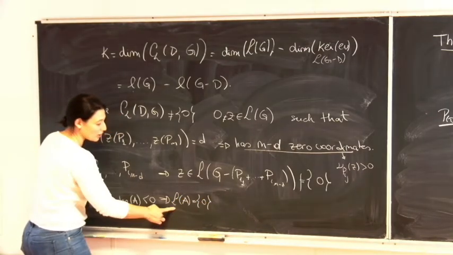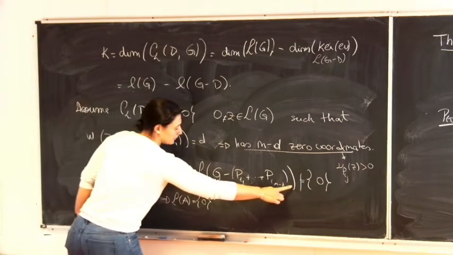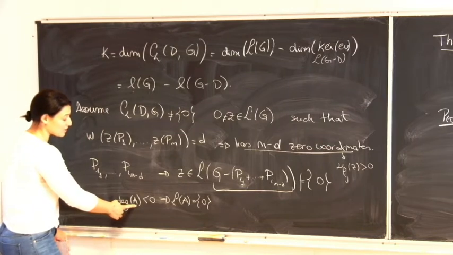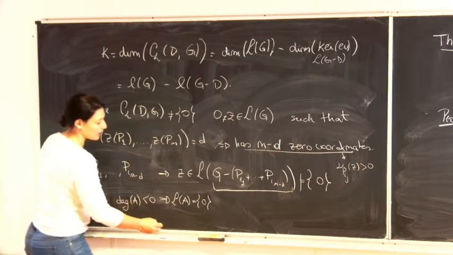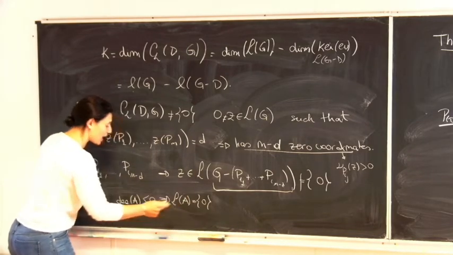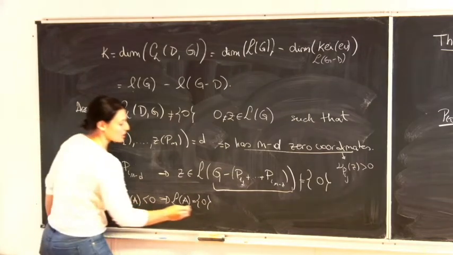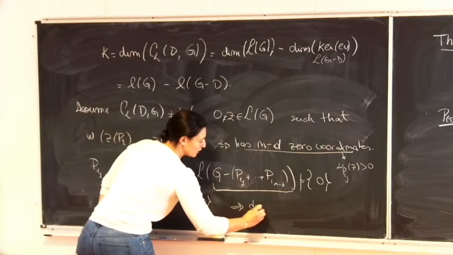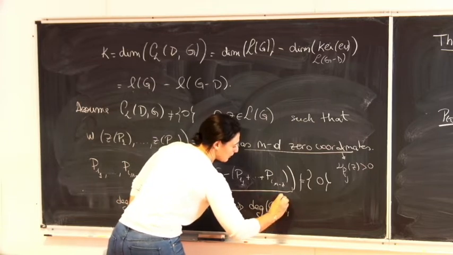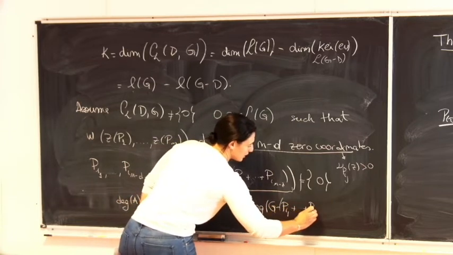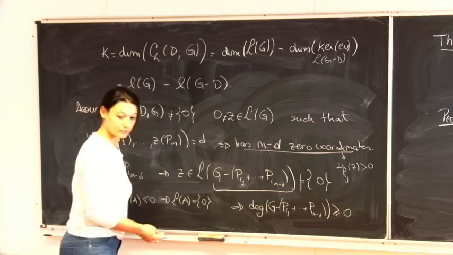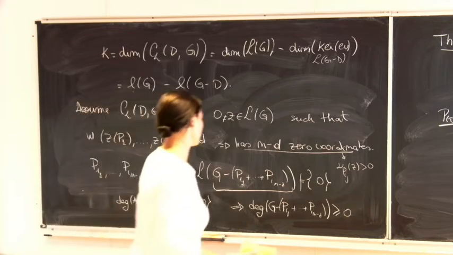So if this is not the 0, it's because the degree of this divisor is greater or equal than 0. So I'm using the other way around: if this is not happening, then this is not happening. So the degree of this divisor, G minus P1 minus ... minus P n minus D, has to be greater or equal than 0. And from that, I have what I wanted.